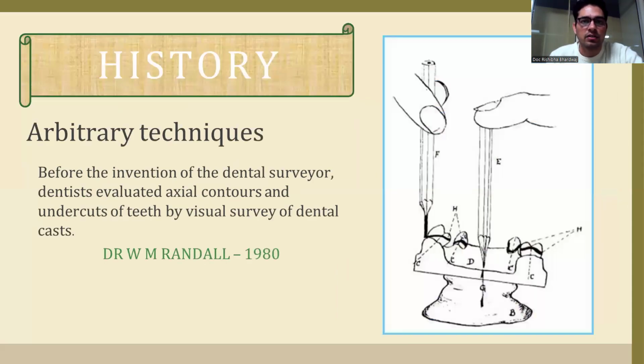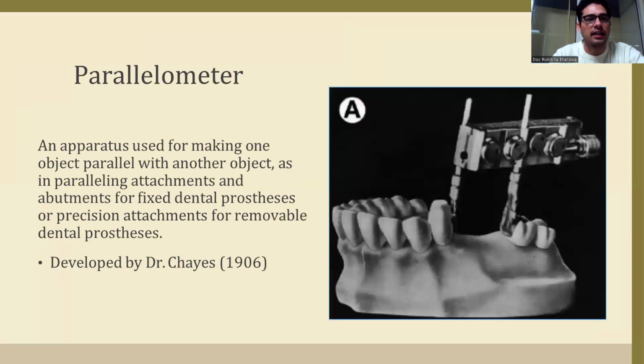Now, coming on to the history of surveyors. In the initial days, there were arbitrary techniques that were followed before the invention of the dental surveyor. The dentists evaluated axial contours and undercuts of the teeth by visual surveying of the dental cast in around the 1980s.